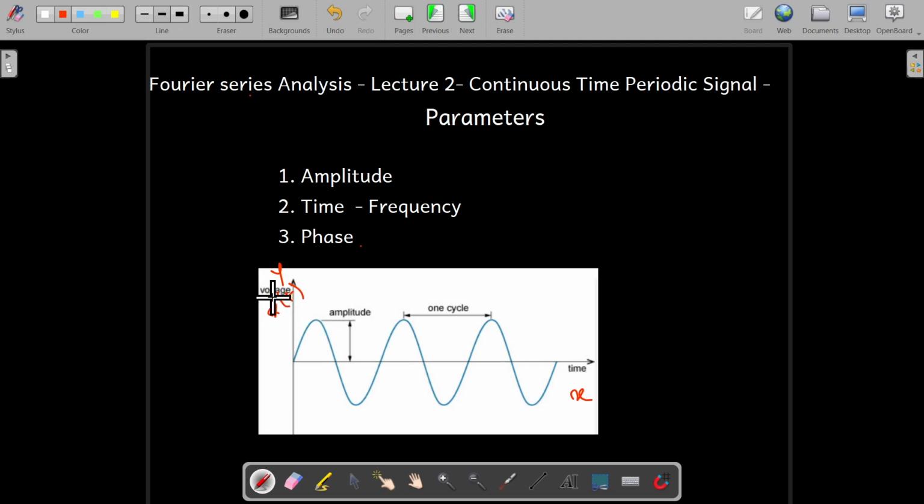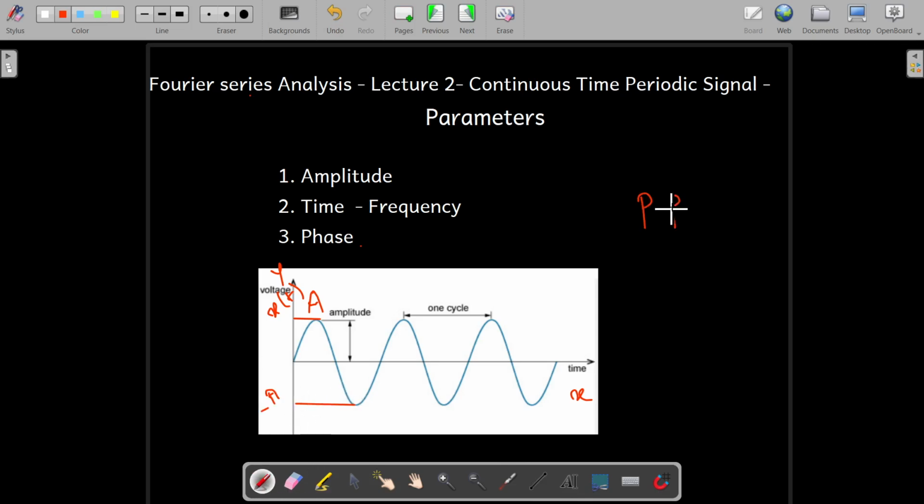Here it is nothing but the amplitude of the voltage signal, or it can be a current signal or any other signal. This measurement along the y-axis will give you the amplitude. It is some value a along the positive y-axis. And along the negative y-axis, it has another value, that is minus a.